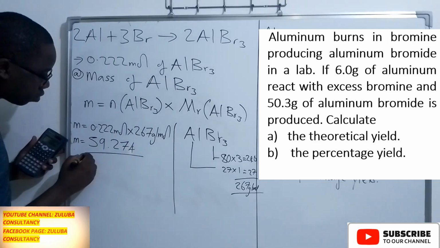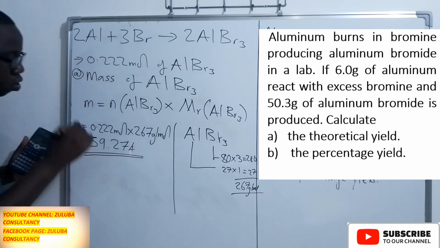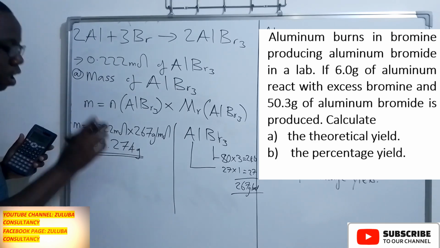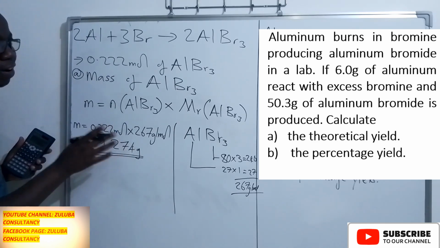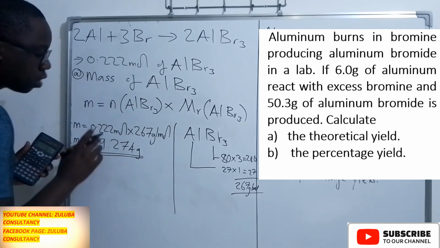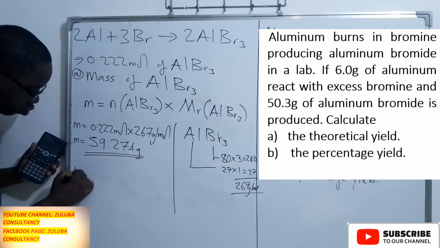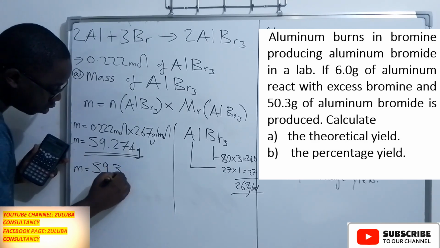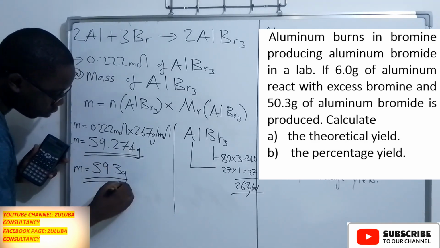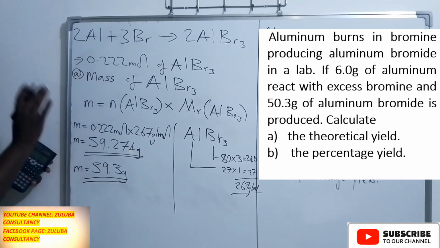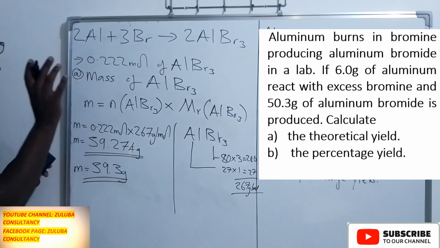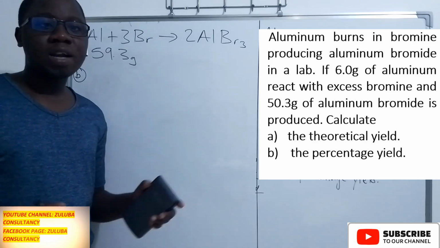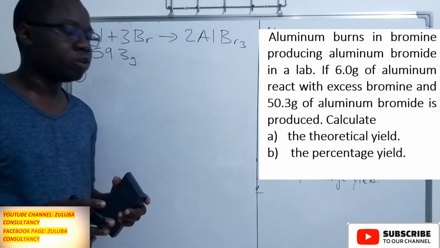So this becomes the theoretical yield that can be produced if all of the aluminium reactant is used up. We can also round it off as 59.3 grams of aluminium bromide is likely to be produced if all the reactant is used up. We have managed to calculate the theoretical yield.